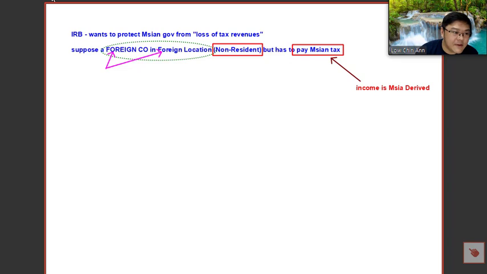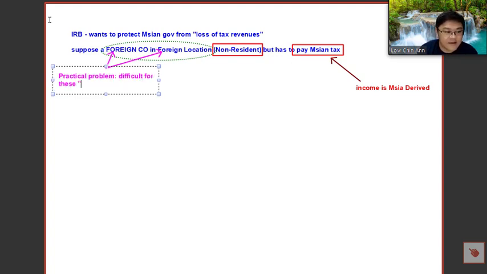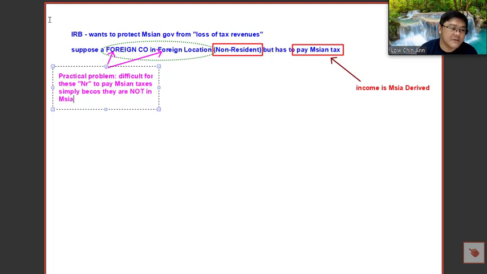So there will be a practical problem, in the sense that it will be difficult for these non-residents to pay Malaysian taxes simply because they are not in Malaysia. Makes sense, right? How do you expect a person that doesn't even know anything about the Malaysian tax system to pay Malaysian tax? What do you think?